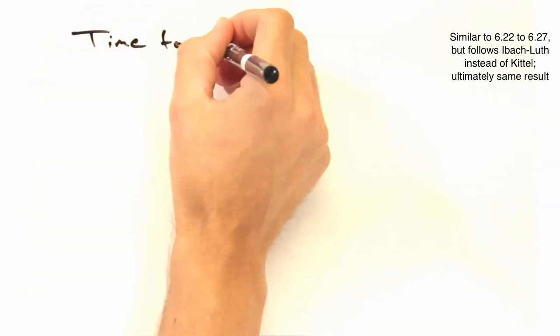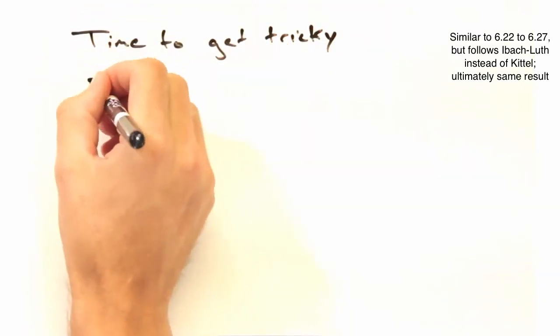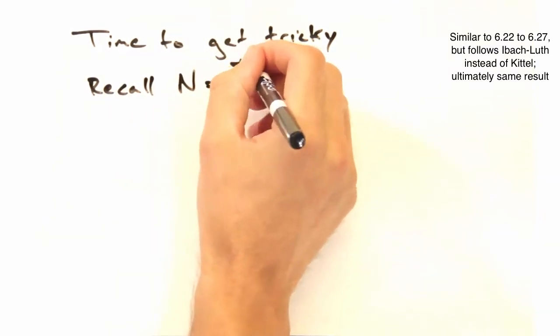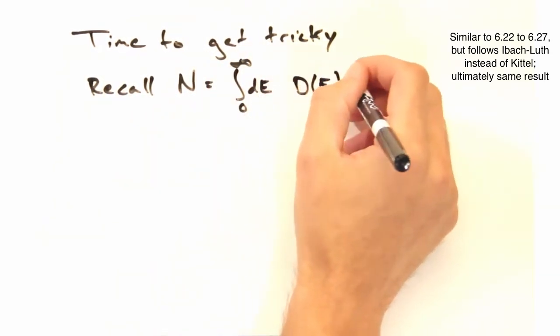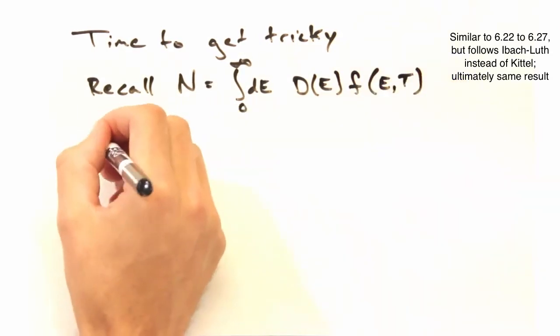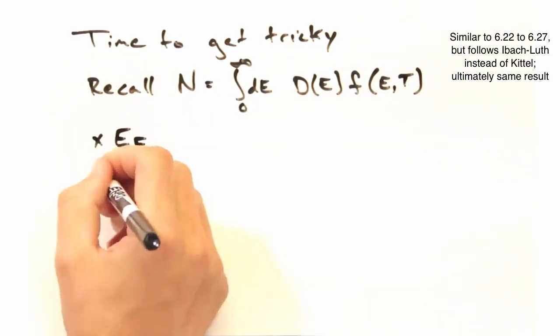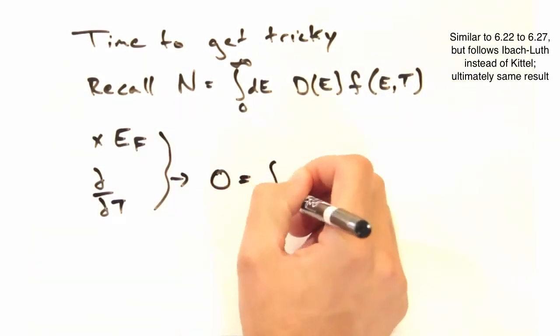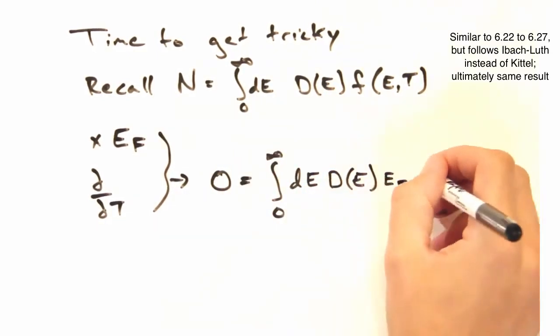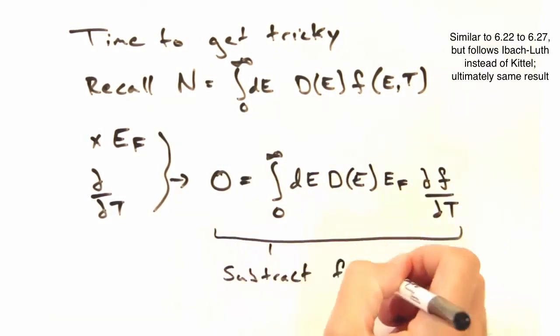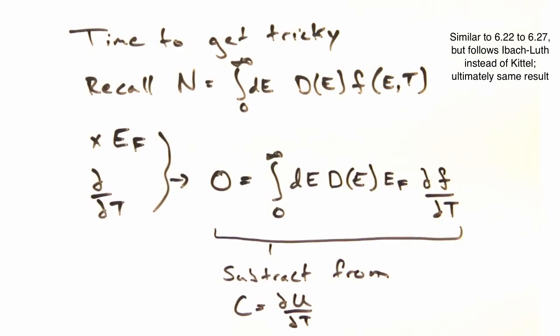So here's an easy way to get the E minus EF term. Recall we had an expression for the density of electrons as the integral over the density of states times the Fermi-Dirac distribution. We want to multiply this by the Fermi energy and take the derivative with respect to temperature. Since this expression equals 0, we can subtract this from our heat capacity equation.